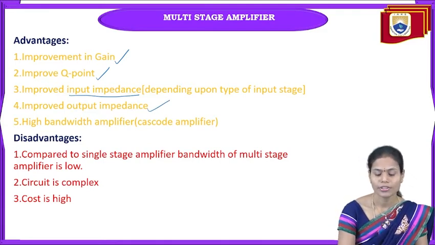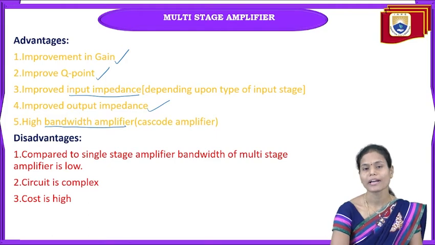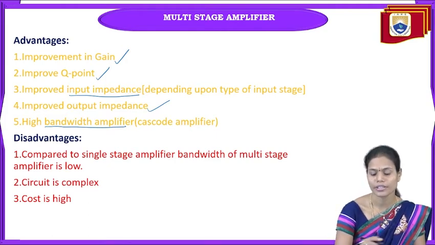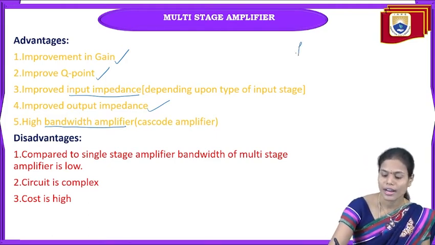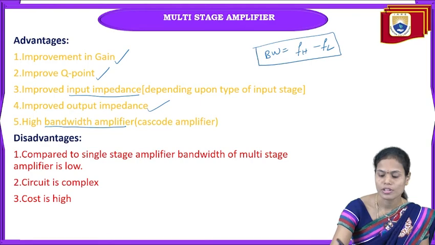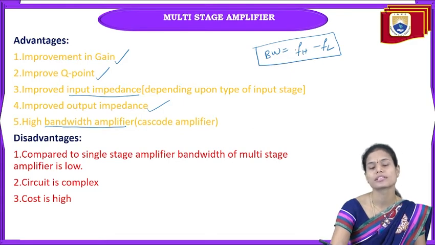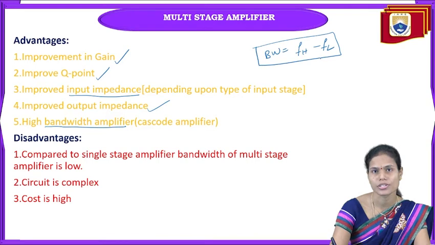And if we interconnect more single stage amplifiers, the bandwidth of the amplifier will also increase. Bandwidth of the amplifier is the high frequency range minus the low frequency range of the applied signal. So this bandwidth range will be increased, that is, the amplified frequency signal range will increase if we make the multi-stage amplifier.